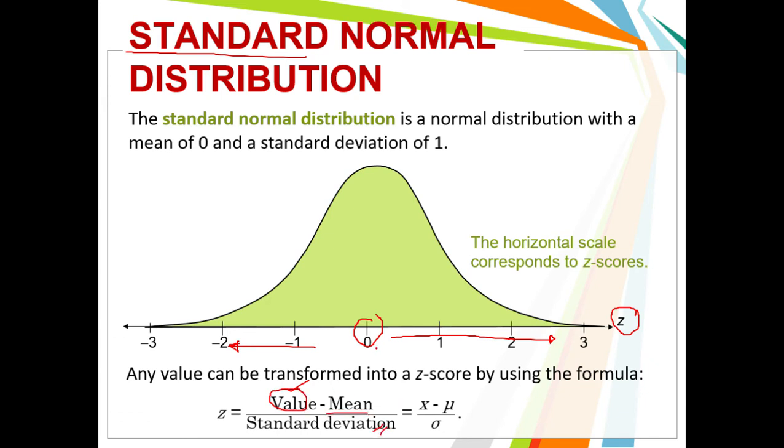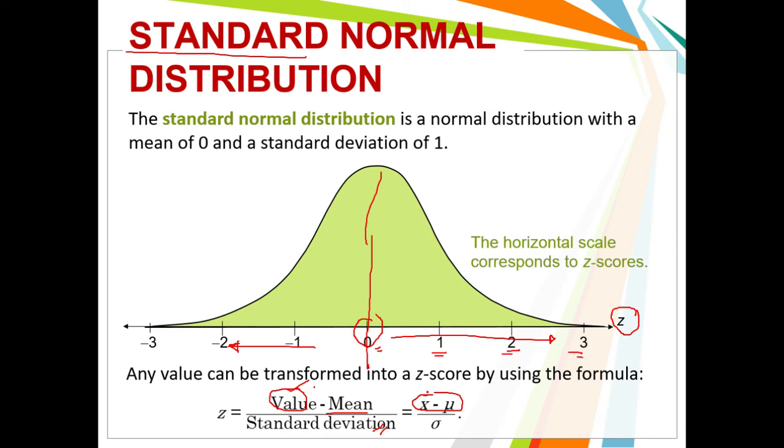Kaya nga sa mean, 0 yung kanyang z score because if we put the value of mean dito sa x, so that is mean minus mean will be equal to 0. So kaya nga, yung ating z-score na 0 is the mean. If we go to the right, these values are greater than the mean.